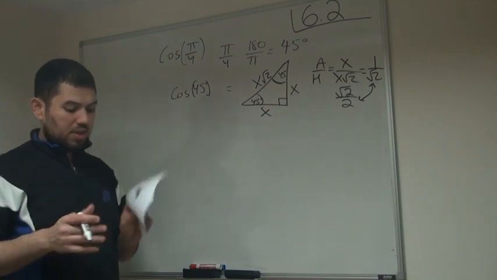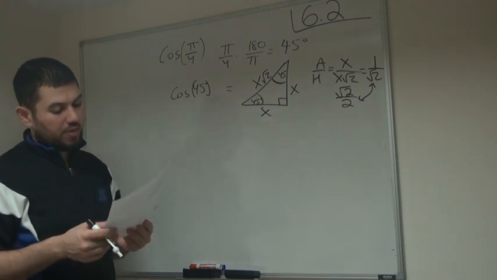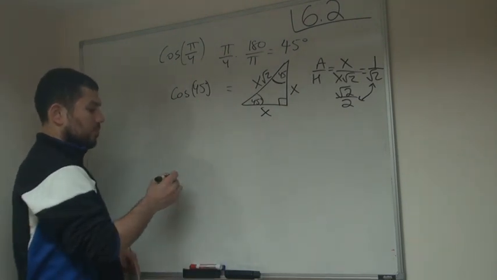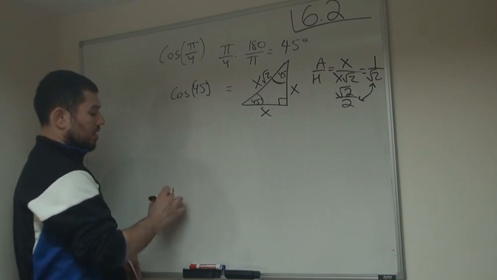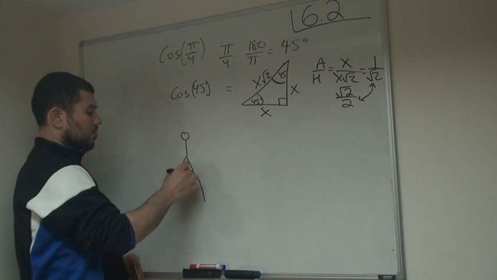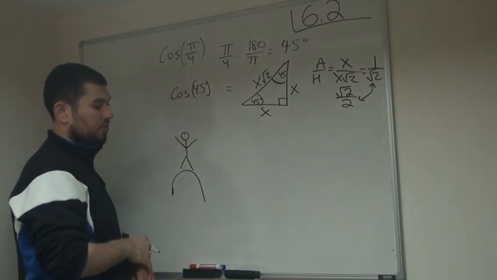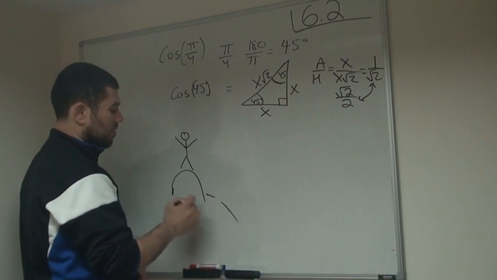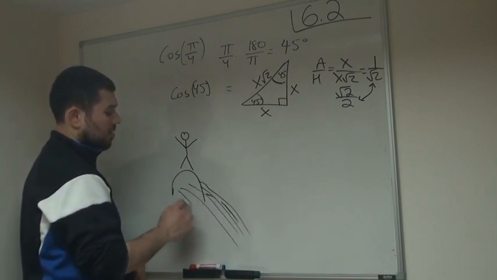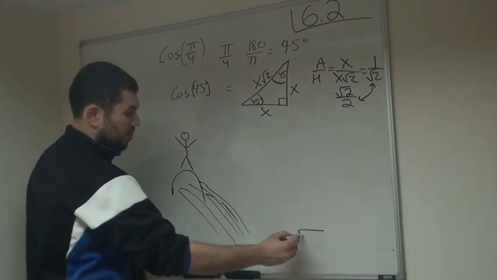So one definitional thing that I haven't given you yet, that I want to give you before we go into some of these problems, is you see a diagram drawn out. There's a hill and a person standing on the hill. I'm going to draw a very tall person, taller than the hill themselves. And let's say they're on a mountain pass, and they're looking down at people in a boat.